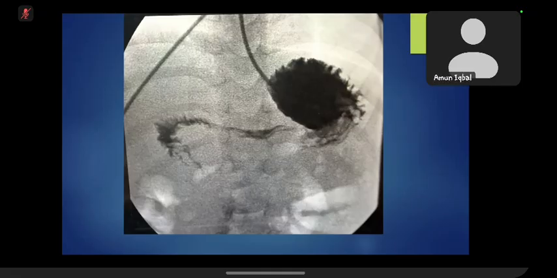Okay. Is it esophagus? I see the ribs. These are the ribs behind the contrast, I think. This is a stomach, sorry. Yeah, the fundus of the stomach.